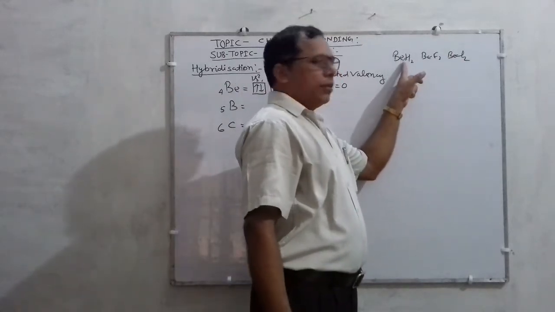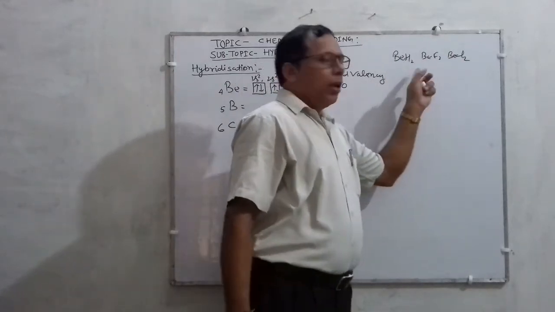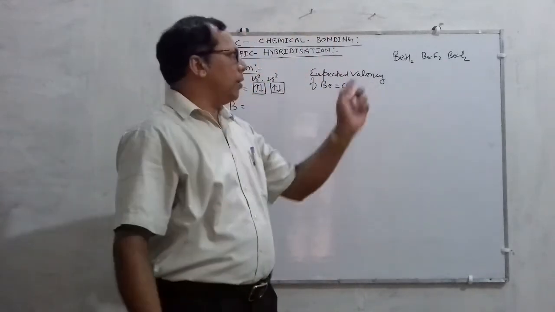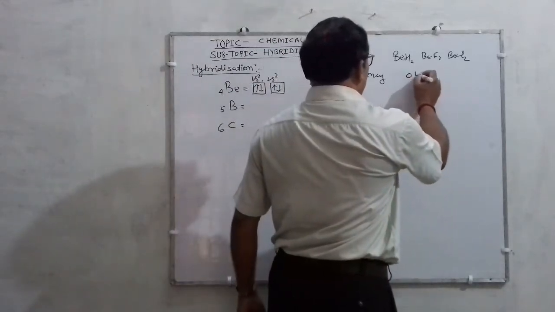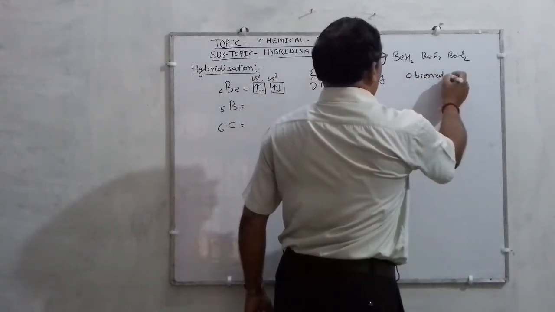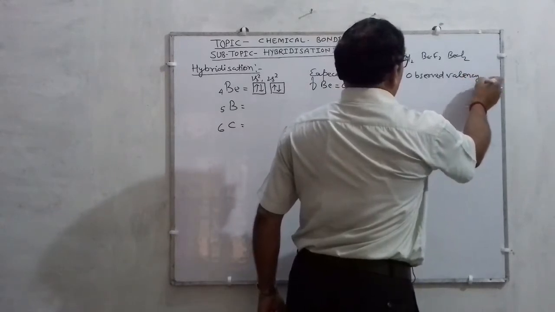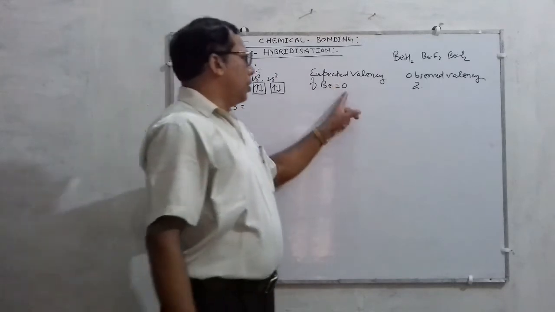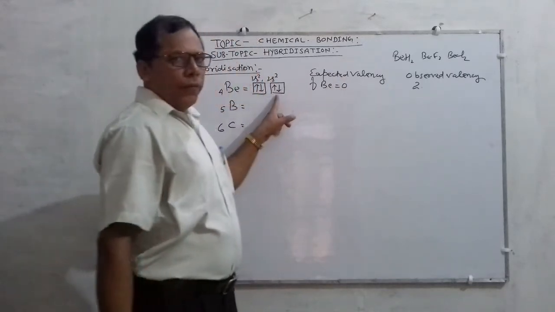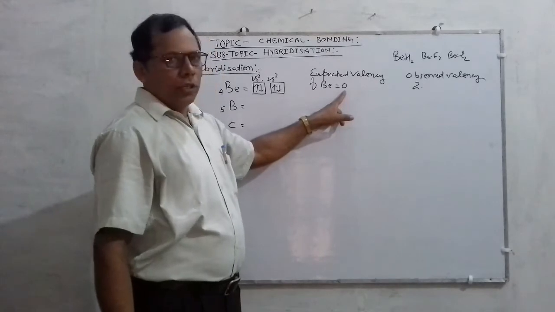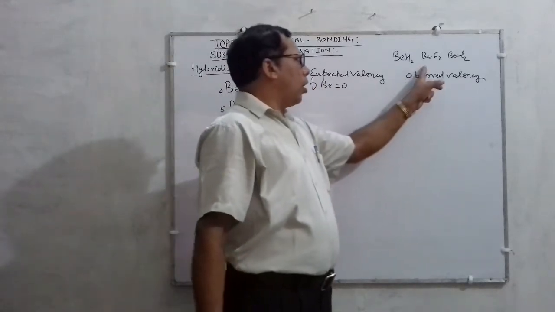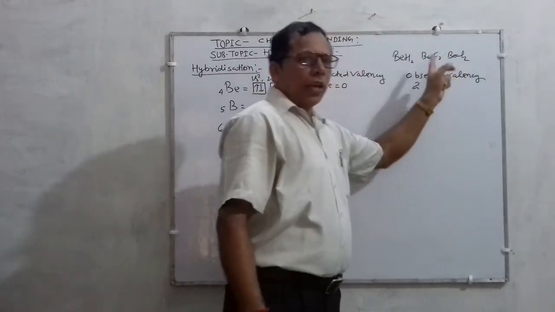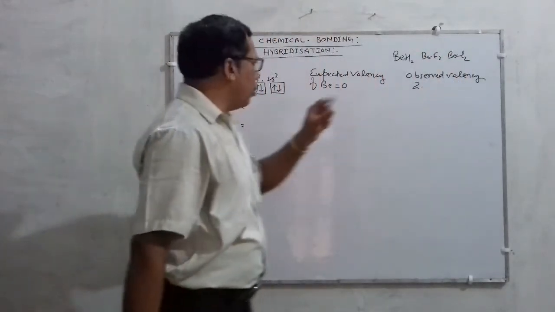So the observed valency of beryllium is 2, but the expected valency is 0 due to the filled orbital. Since it exists in such forms, it is divalent, so its observed valency is 2.